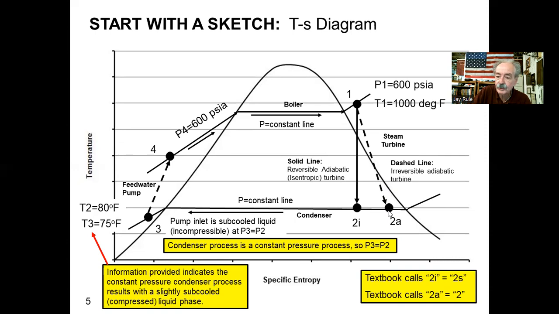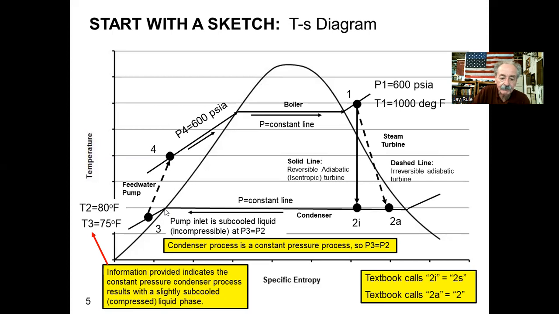We're going into the condenser. We go into the condenser and we reject heat at constant pressure. A condenser process for steady state, steady flow is a constant pressure process. So here we go from 2A, all at constant pressure, and we hit saturated vapor.